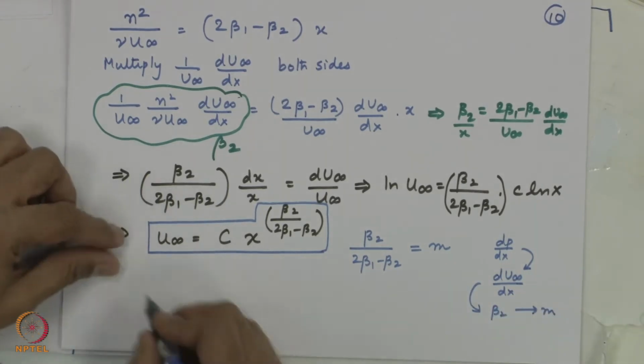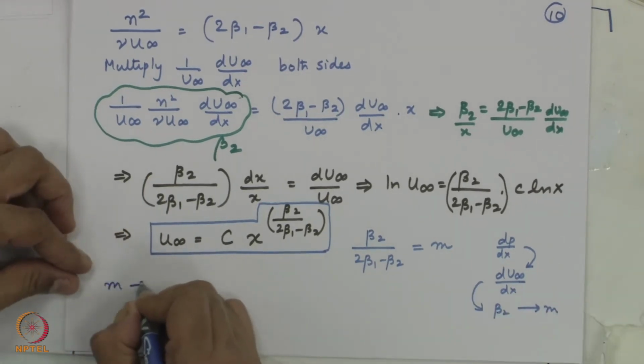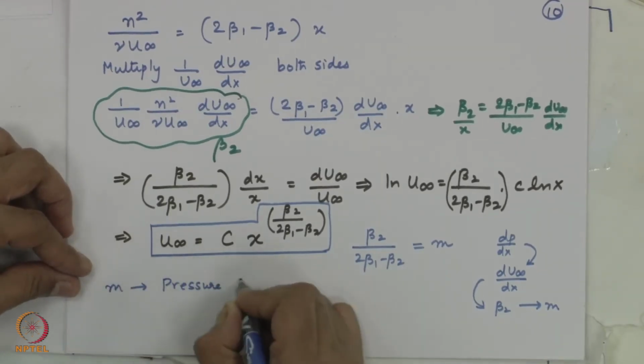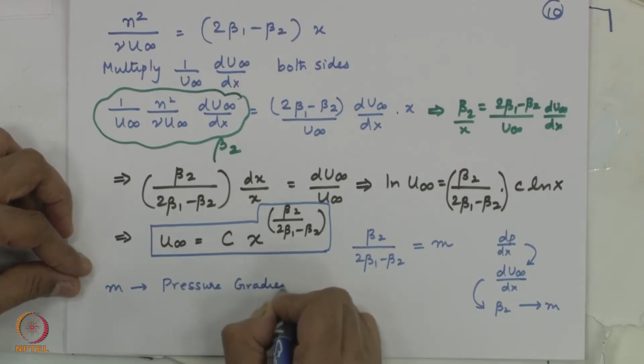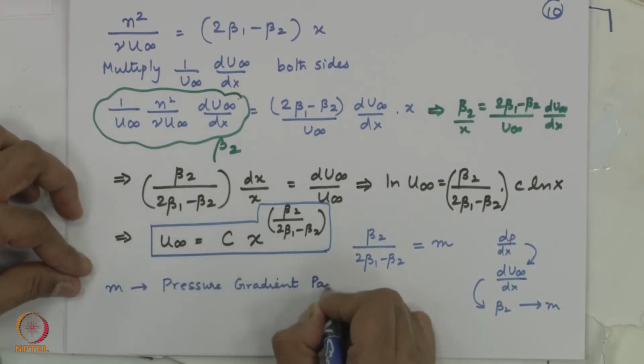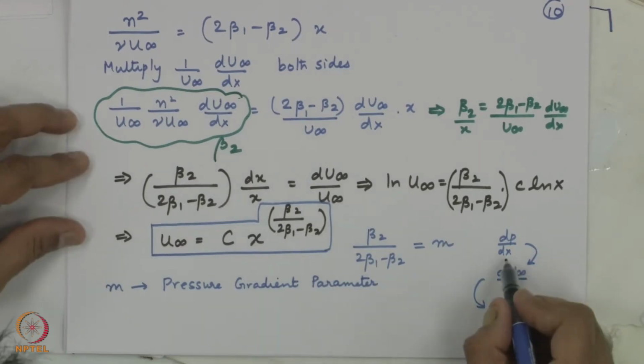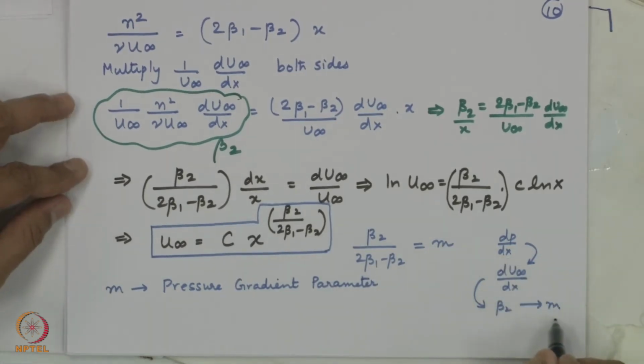So, can we say this m is called as the pressure gradient parameter, because the pressure gradient is directly related to this m. dP by dx equal to 0, you will have a different value of m. dP by dx is negative, one other value. dP by dx is positive, some other value.